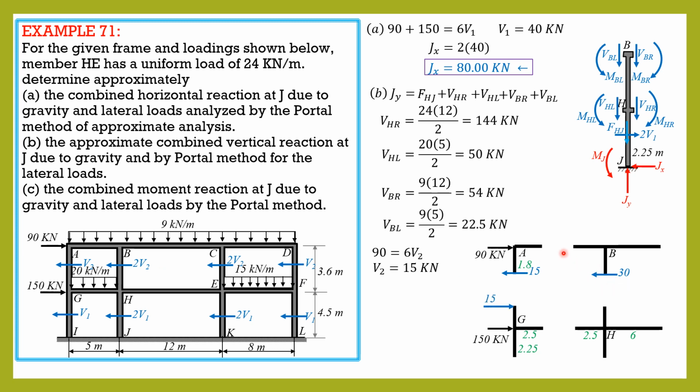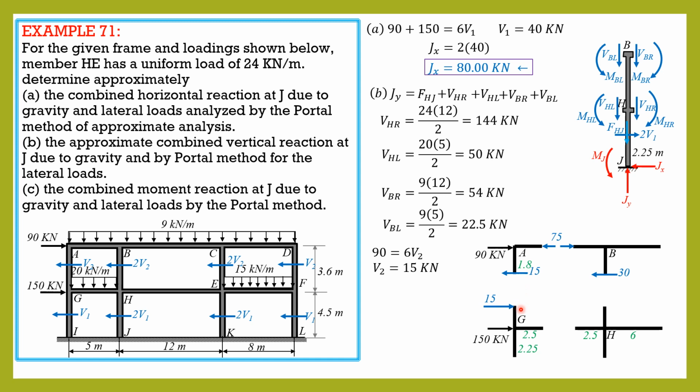So that this axial force, summation of forces in x, 90 minus 15 is 75 kilonewtons. And here we have the horizontal force, 75 minus 30, 45, or 90 minus 15 minus 30 is 45 kilonewtons.